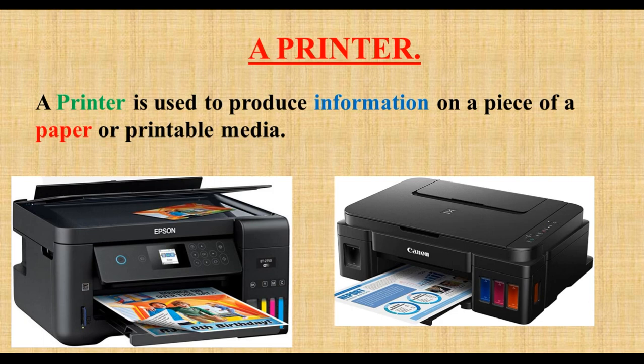Depends on the output you want. You can produce colored output, or you can produce black and white output, depending on the type of printer you have, according to the one that you may need to buy.